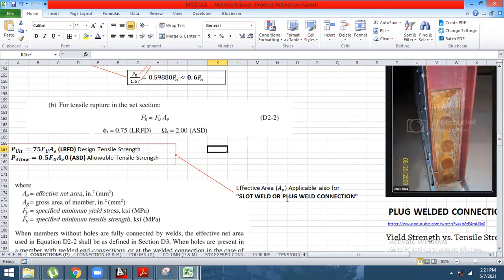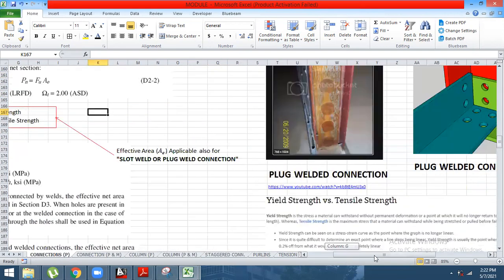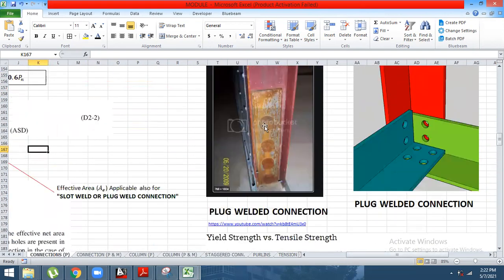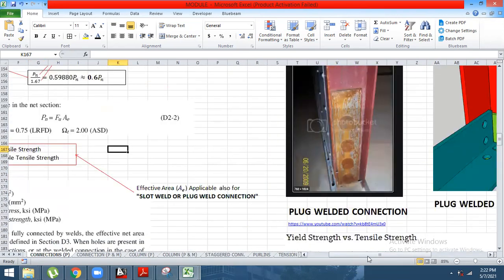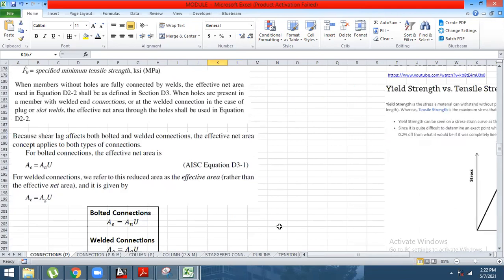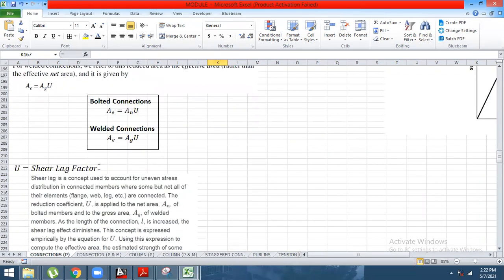This is for slot weld and plug weld connections also. For the plug weld, this is what it looks like. Then for the welded connection, it is An times U, Ag times U. But then use the shear lag factor.